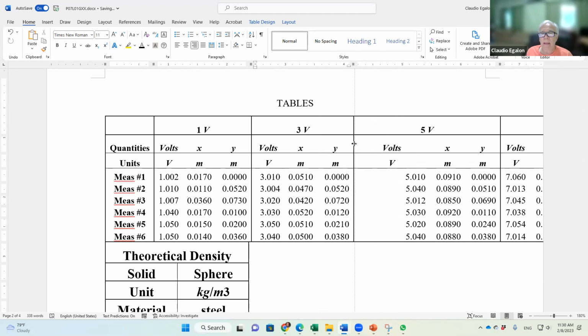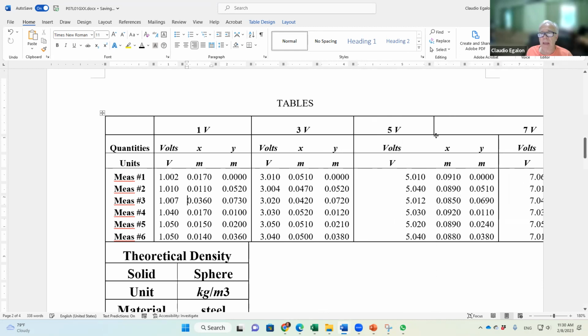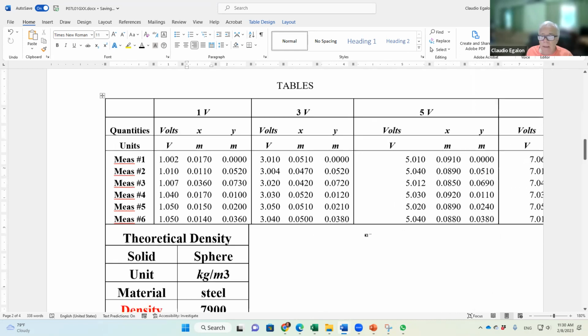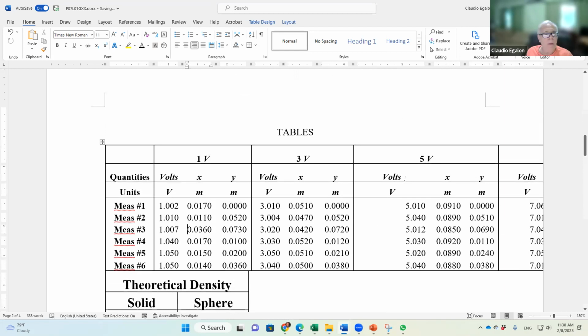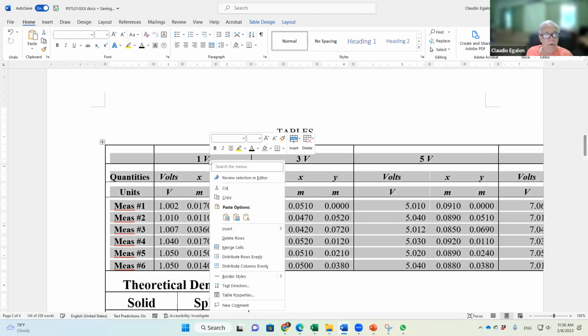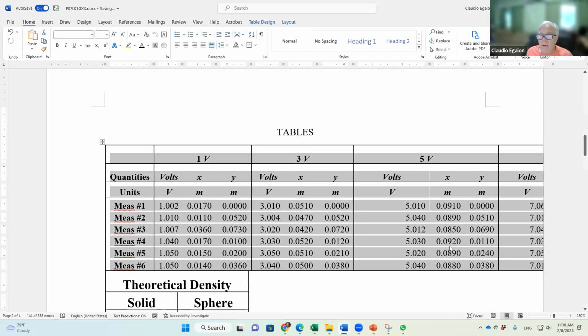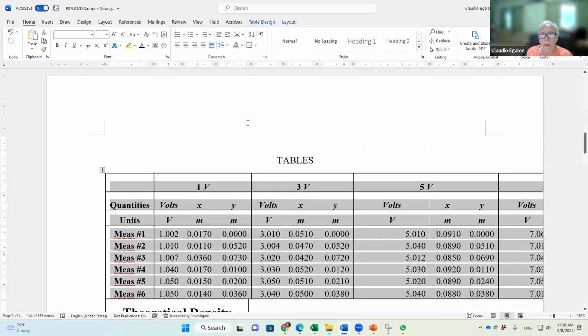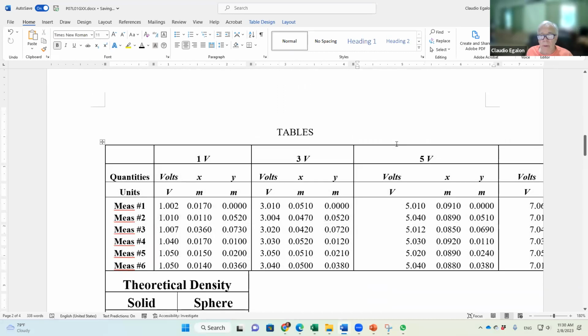Suppose that you're publishing that, so you spend some time working on it. That's not good. Let's see if I can make it smaller. It's not going to work. What I can do is separate this table.